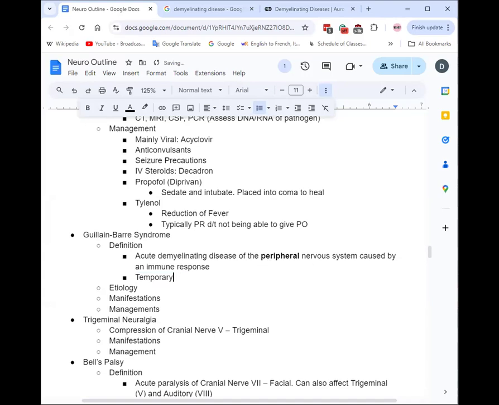But let's say your patient has GBS, that's Guillain-Barré syndrome, and the patient's wife comes in and asks about the condition. You'll tell her it's temporary, but then they ask when are they going to have a recovery? How would you answer that?